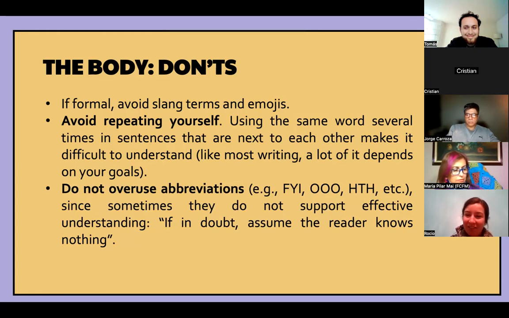Hope that helps. Or ASAP, as soon as possible. Like it says, don't overuse them. Using ASAP is fine one time, or FYI is fine. But using 2, 3, 4 abbreviations like this in one email is too much.